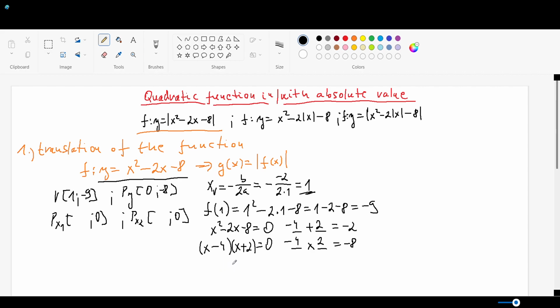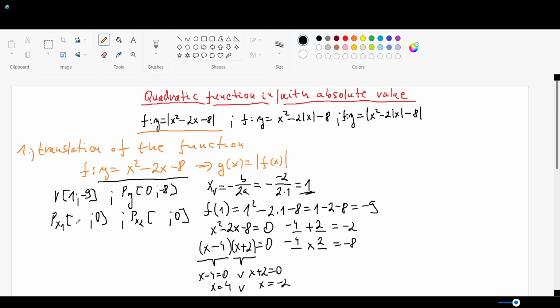-8. So based on this information we know that the multiplication of 2 numbers, or let's say in this case of 2 expressions, is equal to 0 if and only if one of them is equal to 0. So x minus 4 must be equal to 0, or x plus 2 must be equal to 0, which means x must be equal to 4, or x must be equal to -2.